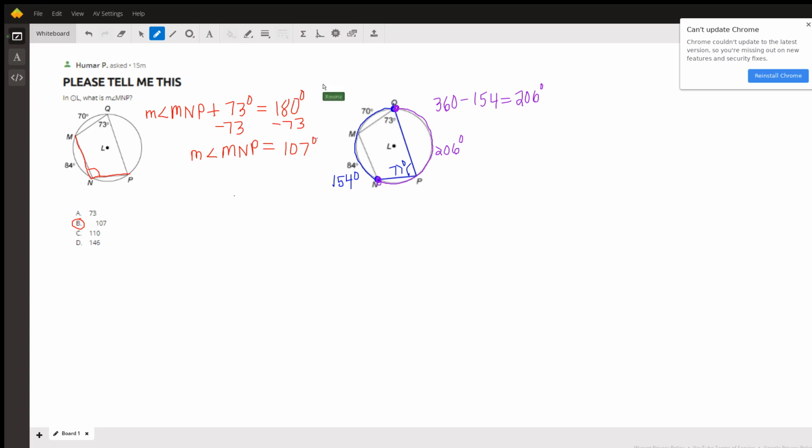Now we're going to look at its intercepted inscribed angle, and that would be this angle right here, because again, its endpoints are the same as the endpoints of that arc. Again, an inscribed angle has its vertex on the circle. So the measure of this angle will be half of that arc. So 206 divided by 2 is 103 degrees.